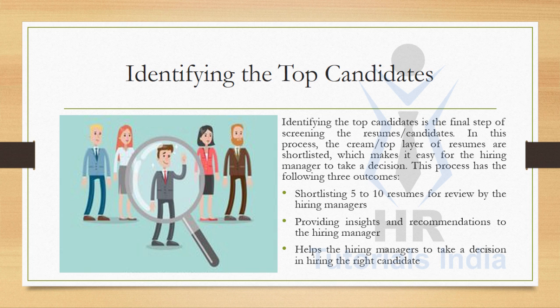Shortlisting 5 to 10 resumes will make the HR manager's work easy. It also provides insights and recommendations to the hiring manager to take the decision in an effective and efficient way. It also helps hiring managers to take the right decision in hiring the right candidate for the vacant position in the organization.